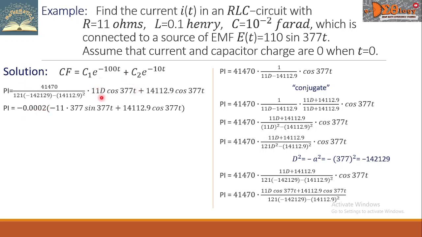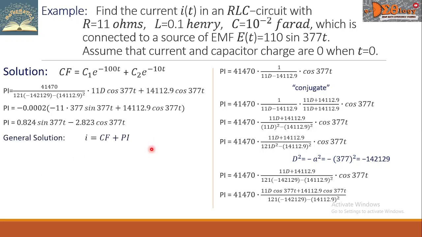When we take the derivative of this expression, we have negative 11 times 377 times the sine of 377t plus this value we will just copy here. Next step, we're going to distribute this negative 0.0002 to the terms inside the grouping symbol. So the PI now becomes like this.